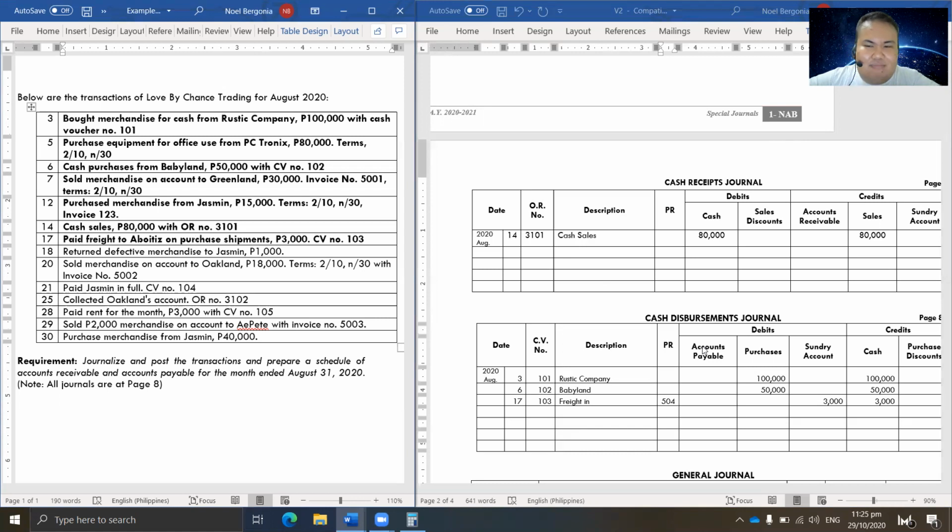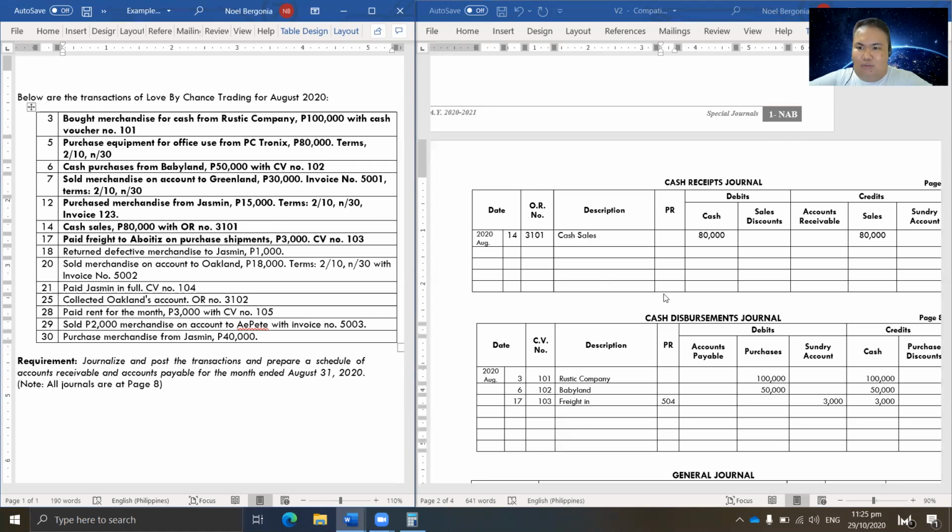Kasi lahat ng hindi marirecord sa special journals, kailangan i-record doon sa general journal. So since that transaction of the returned defective merchandise to Jasmine cannot fit in any of the special journals, your action is to record that transaction in our general journal.